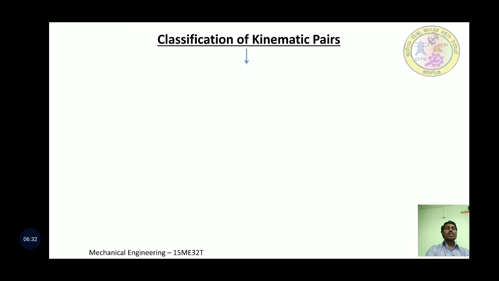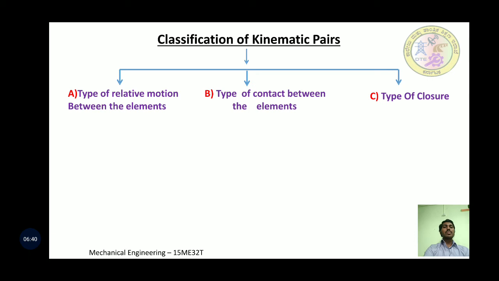Today's session is classification of kinematic pairs. Kinematic pairs are classified into three types: A, type of relative motion between the elements; B, type of contact between the elements; C, type of closure.